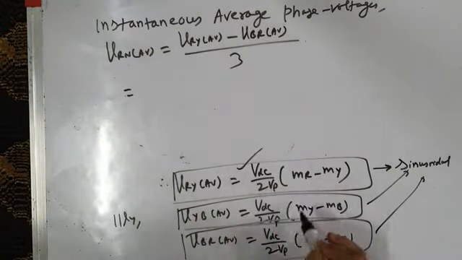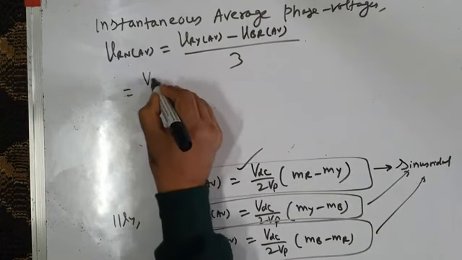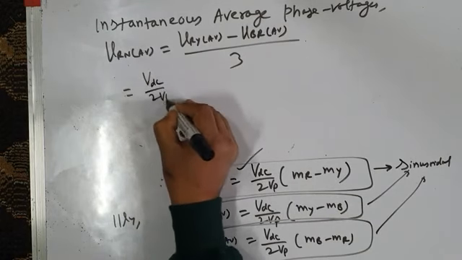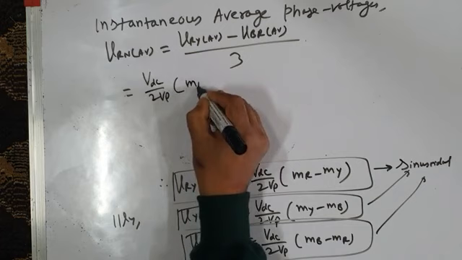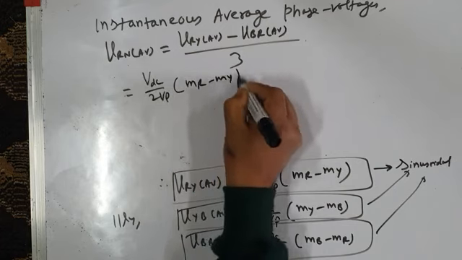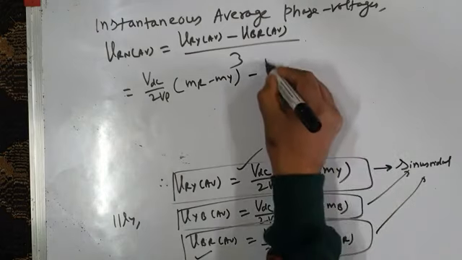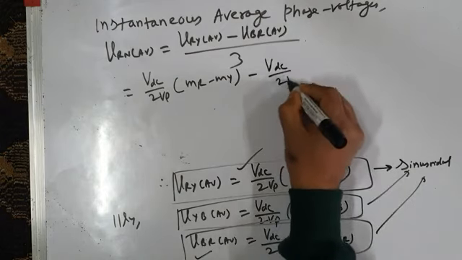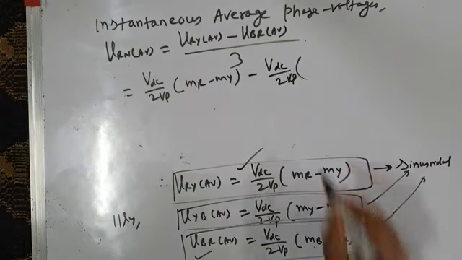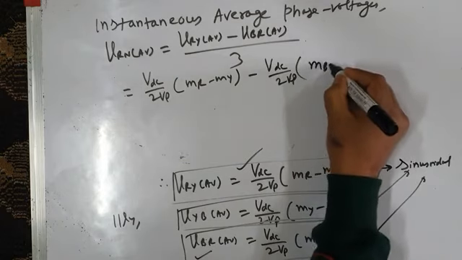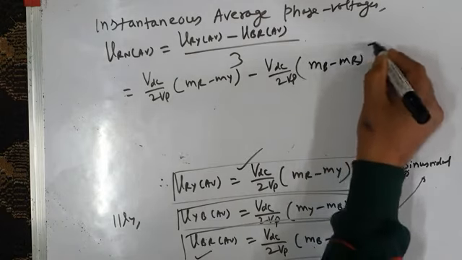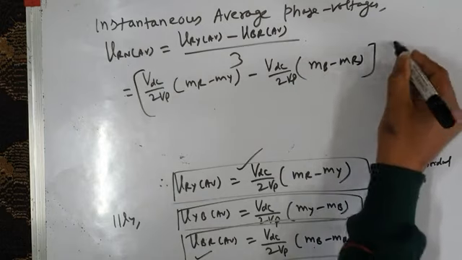This is my VRY average, so I will substitute it here: VDC by 2Vp into (Mr minus My) minus VBR average. This is my VBR average. It is also VDC by 2Vp into (Mb minus Mr). This whole thing divided by 3.